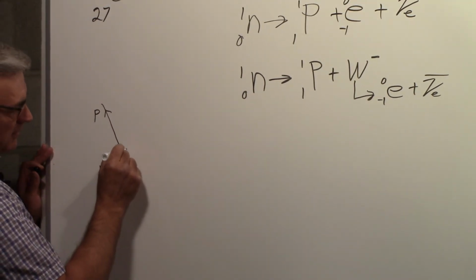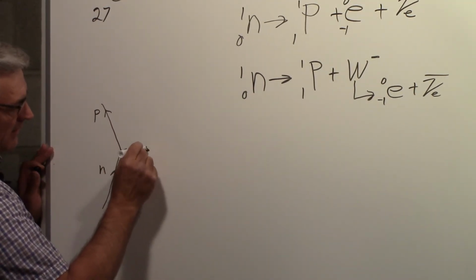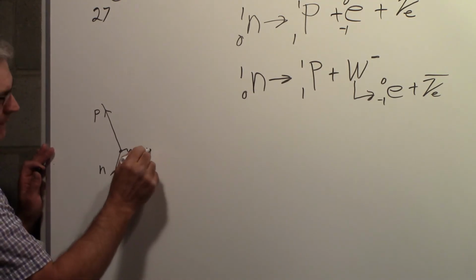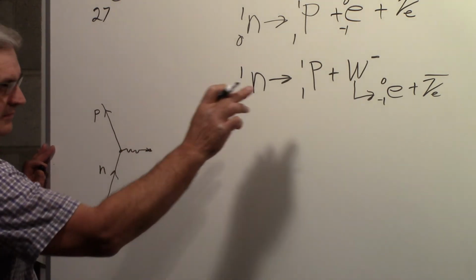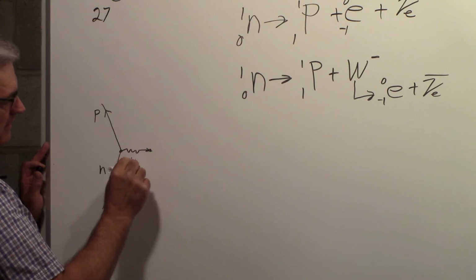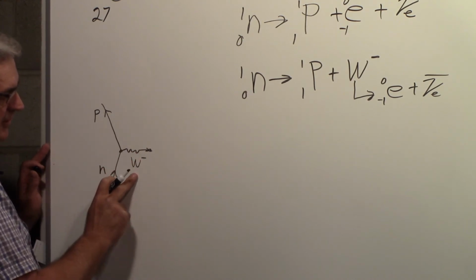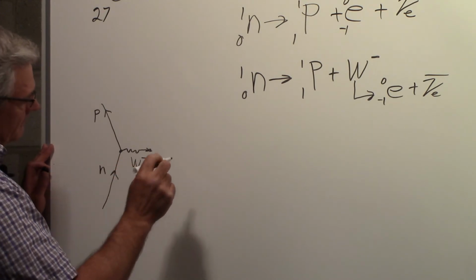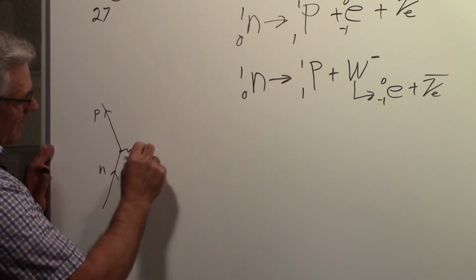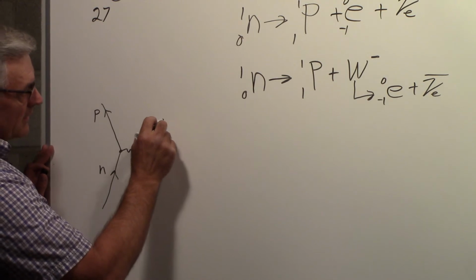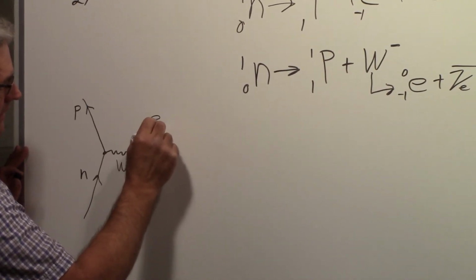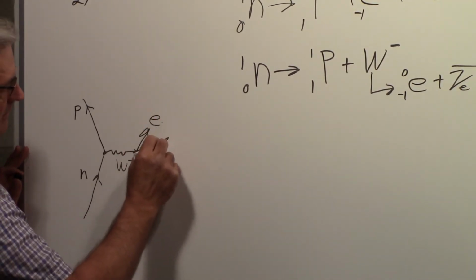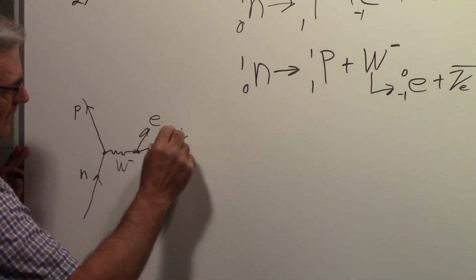And then we show with a squiggly line and an arrow the mediator, the negatively charged vector boson. And that then goes to the electron and the anti-neutrino.